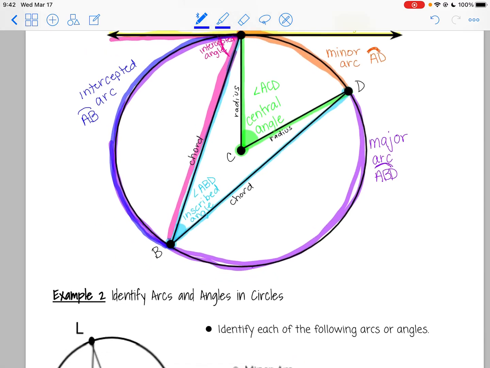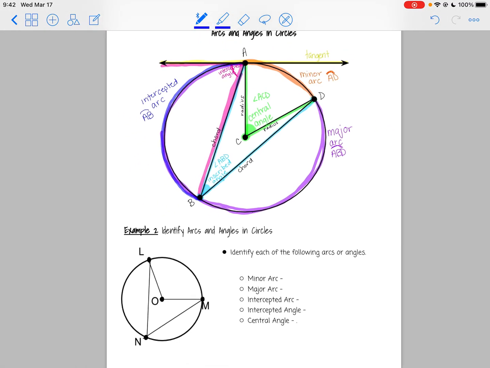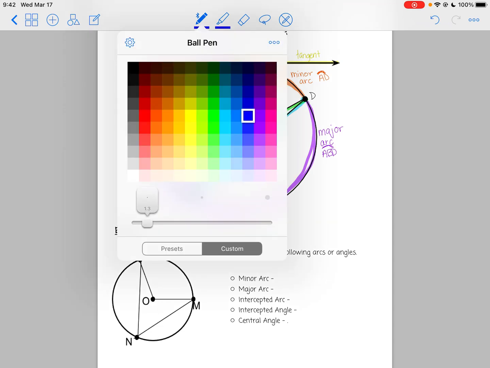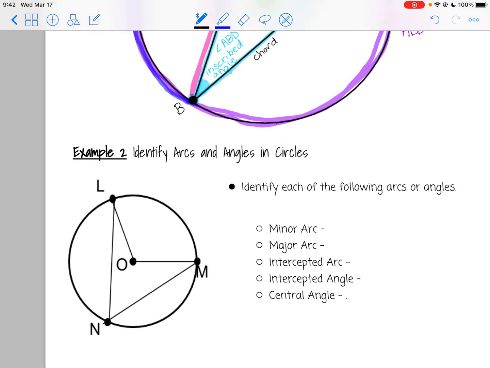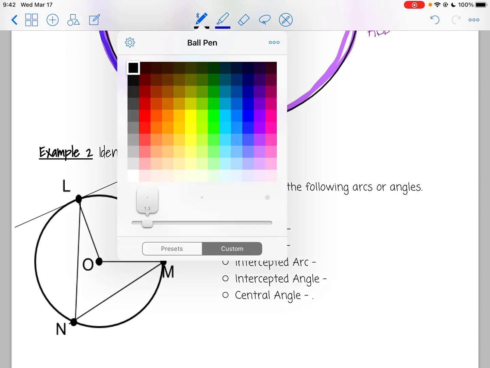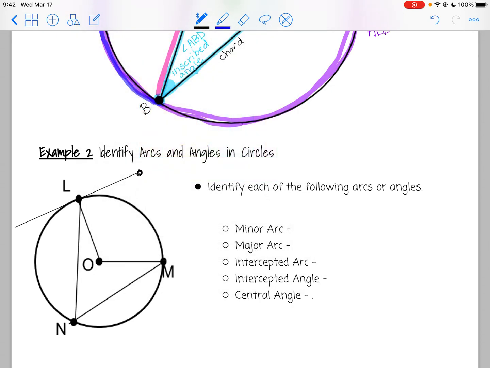So now let's look at another diagram that's drawn a similar way. We have segments inside the circle. LN and NM are chords. LO and OM are radii. And then I am going to add in a tangent line here through point M, and on that tangent line, I'm going to add another point.